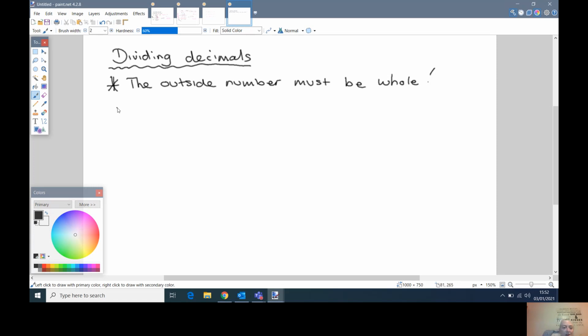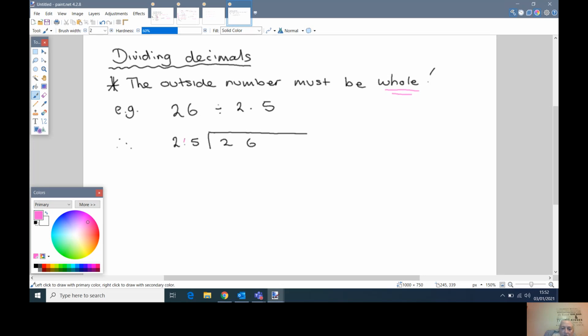Okay, so let's go for an example. Let's go 26 divided by 2.5. Now we know how to set it out. The outside number is 2.5 divided by 26. Now, wait there, the golden rule is the outside number must be whole.